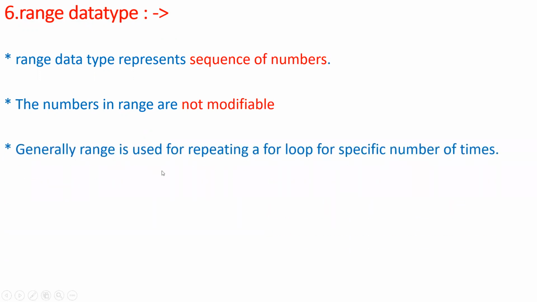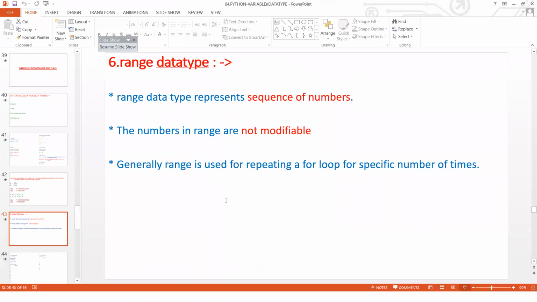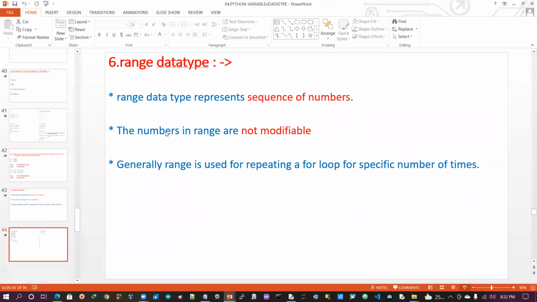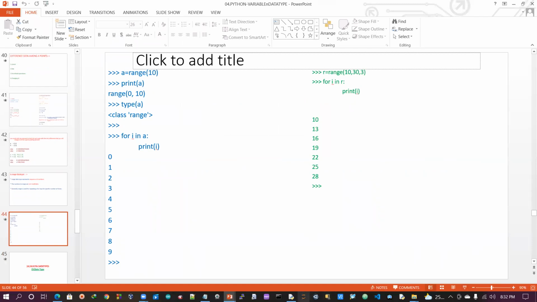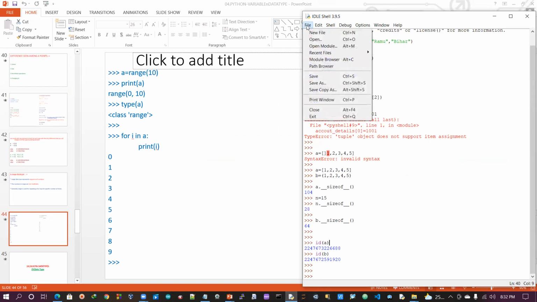Generally, range is used for repeating a for loop a specific number of times. As I told you, this is heavily used in the loop concept. But before that, first take the concept of this one.